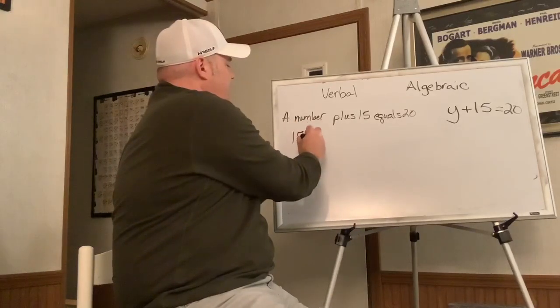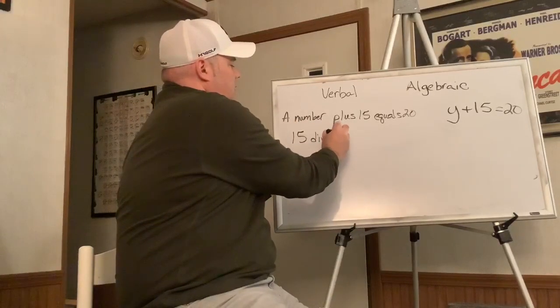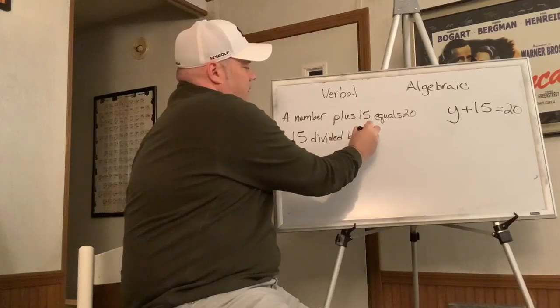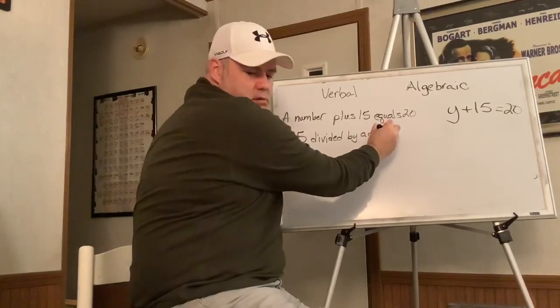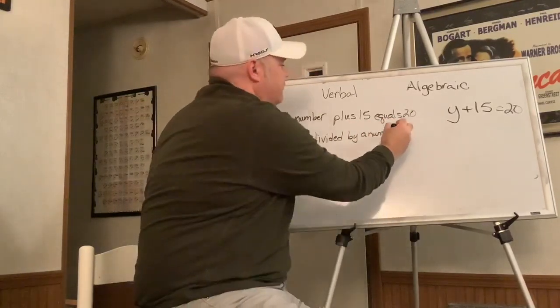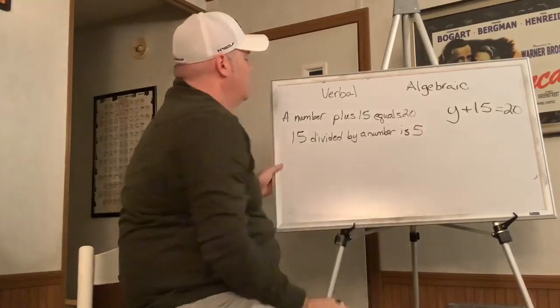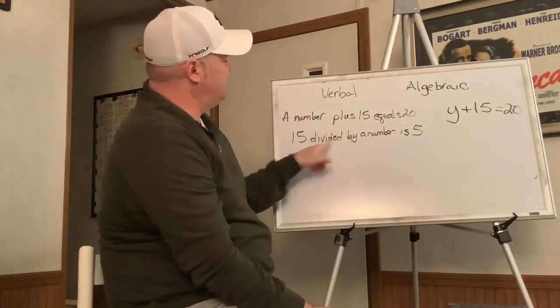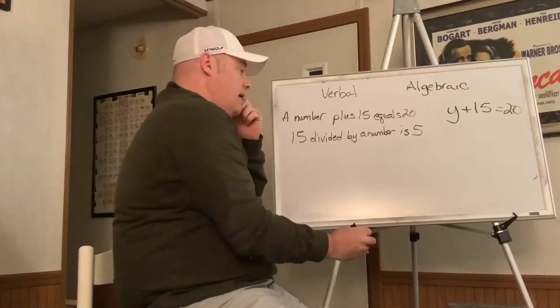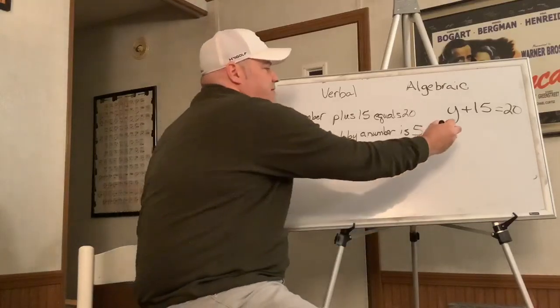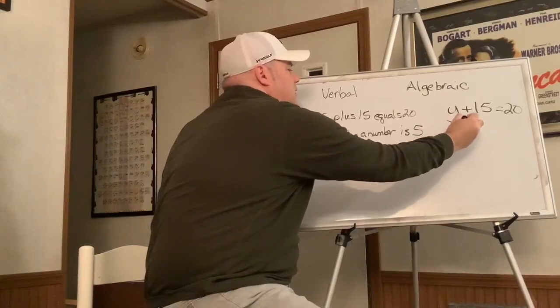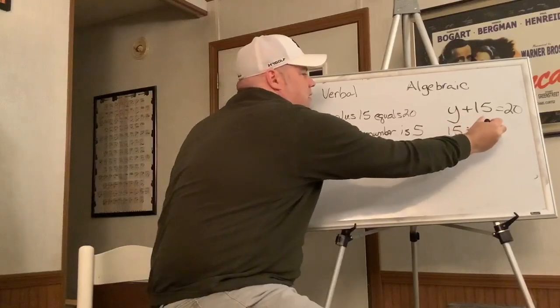15 divided by a number is 5. So my unknown is here now. 15 divided by a number is 5. Well, now you could write that as 15 divided by x equals 5.